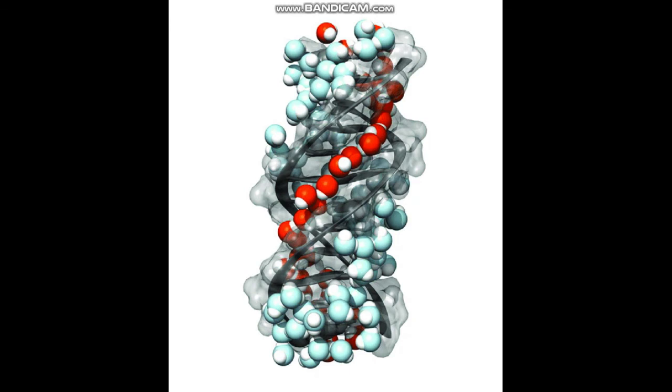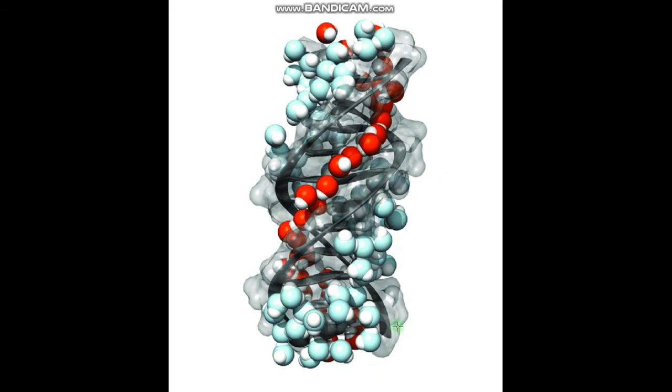But in the dynamic simulation, you allow all the waters to be present, and you still find that you get this set of waters with a long residence time, in other words, which stay in fairly fixed positions for long periods of time.